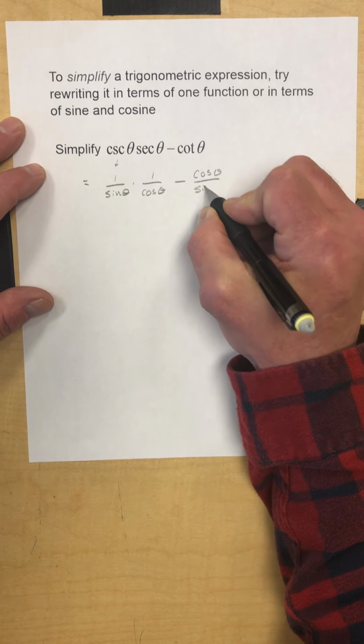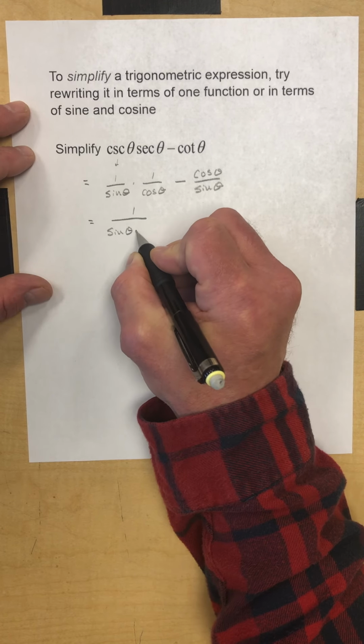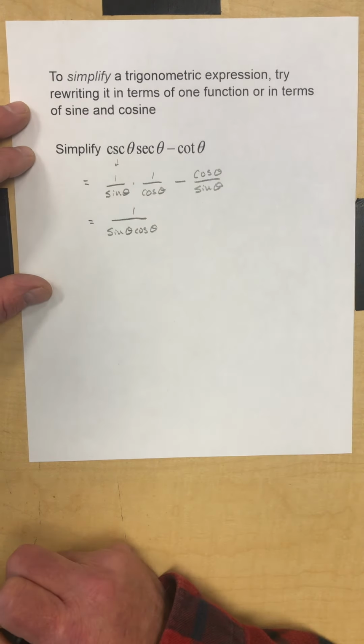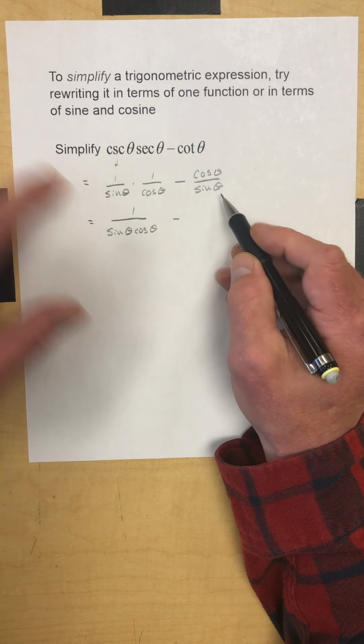So I'm taking a look there and I'm thinking, how about a common denominator and see what happens? So this guy right here is 1 over sine of theta cosine of theta, like that. And it looks like this guy has the sine, but it needs a factor of cosine there.